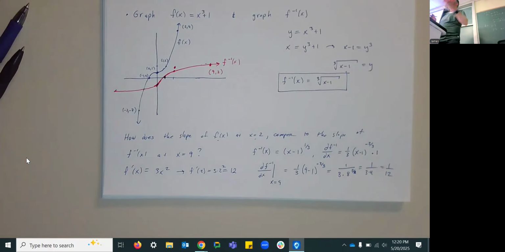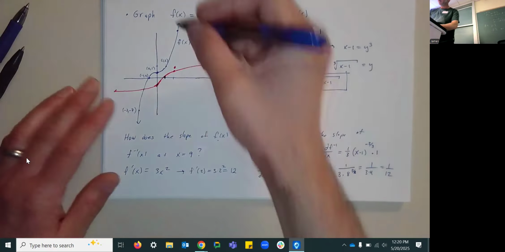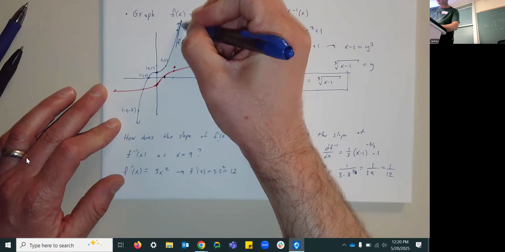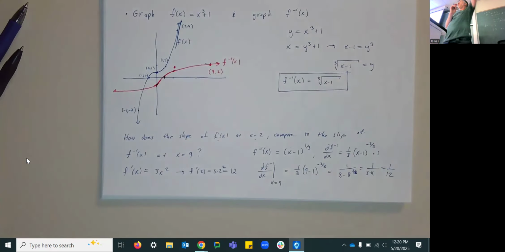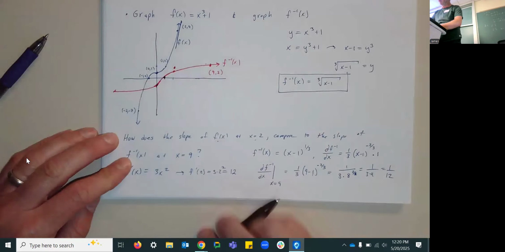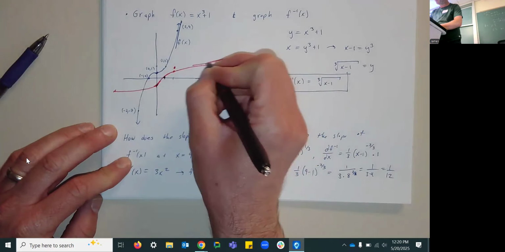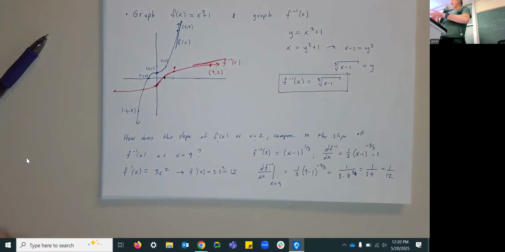Because if you think about it, if these functions are reflections of each other across the line y equals x, here your tangent line goes over a little bit and up a lot. And since you're inverting the relationship, over here at 9, 2, you're going over a lot and up a little bit. And those slopes are exactly reciprocals of each other. So this leads to the inverse derivative theorem, which is kind of technical, but I'll just say what it is.